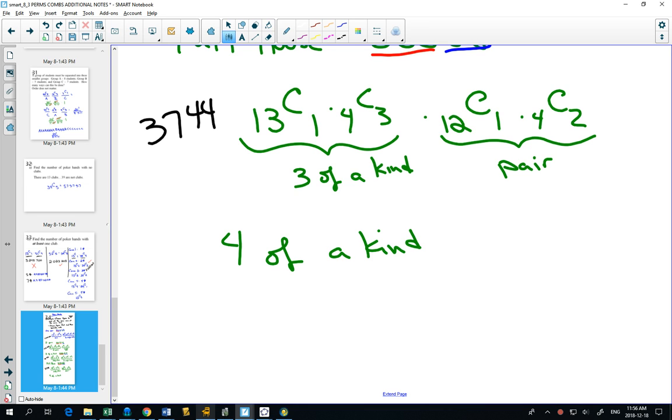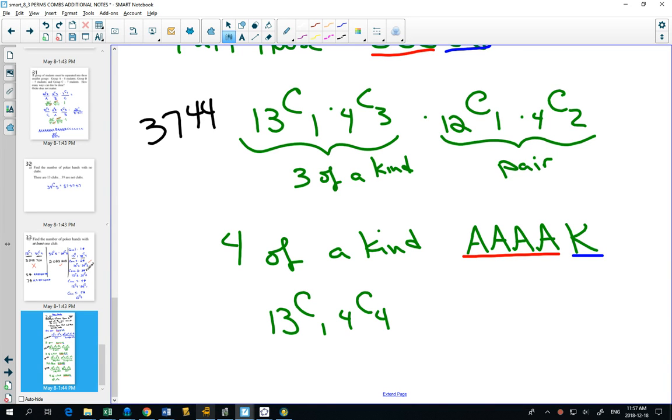Four of a kind. So you could get a really nice hand. Four aces and a king. How many hands have four of a kind? Again, they're different sizes here. So we choose which one we're going to have four of a kind, and you have to choose all four cards. 12 kinds left.